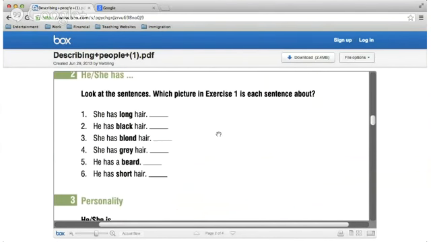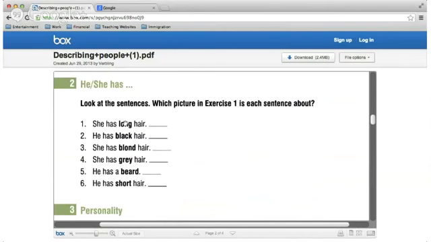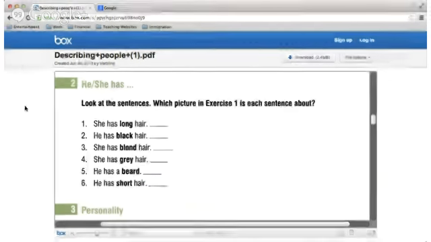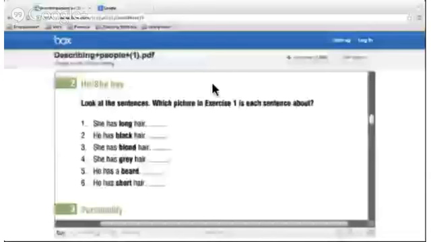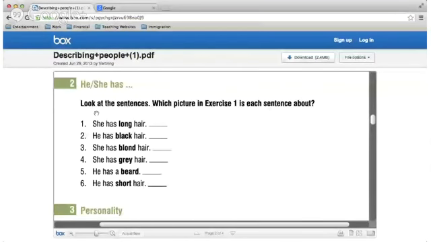Going back to the pictures up above, we're going to be matching these phrases with the pictures. So let's go to number 1, and this is for Angel. Angel, read number 1 and tell me which picture this is describing.